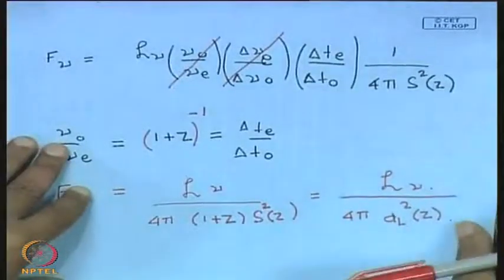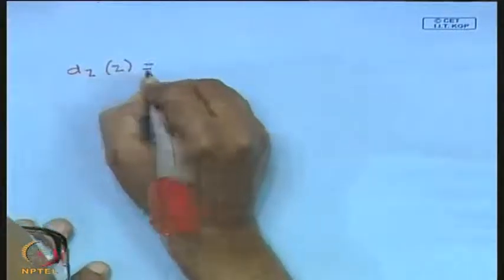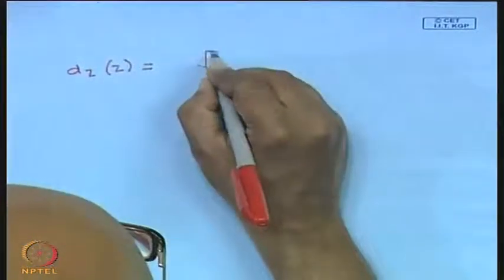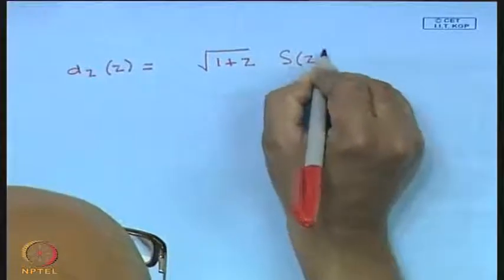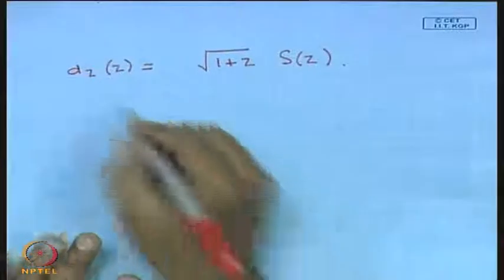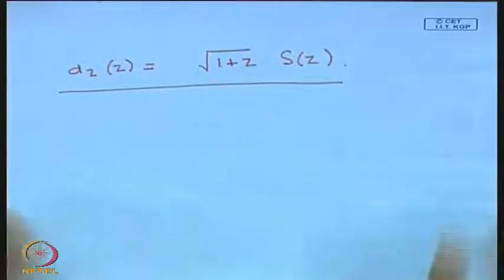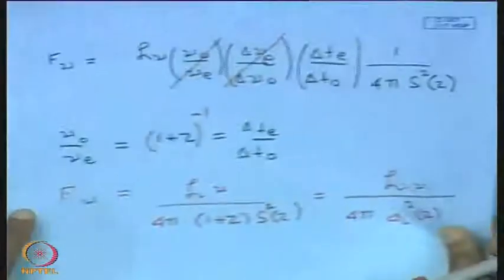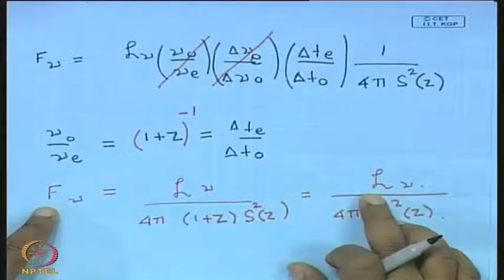So, what we get from here is that the luminosity distance dl is equal to square root of 1 plus z into sz. Okay. This is if you are dealing with luminosity and the flux per unit frequency, per frequency interval.